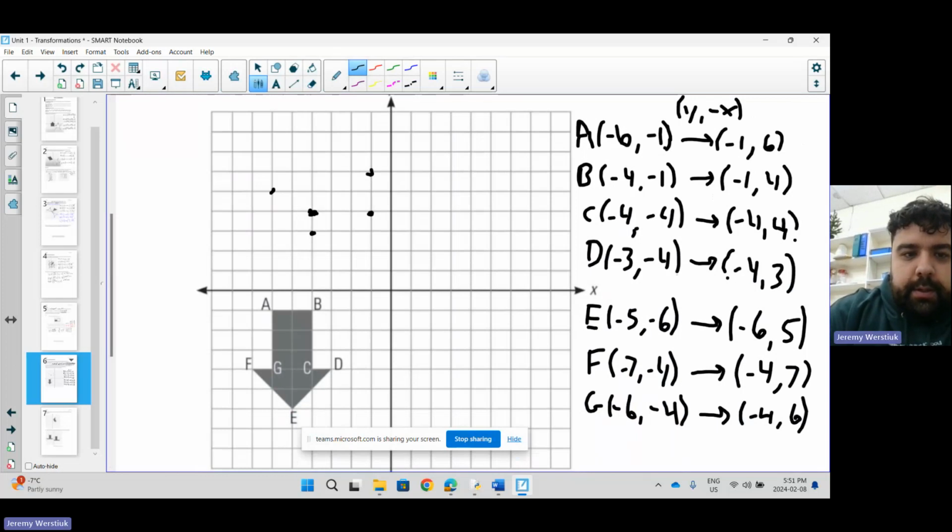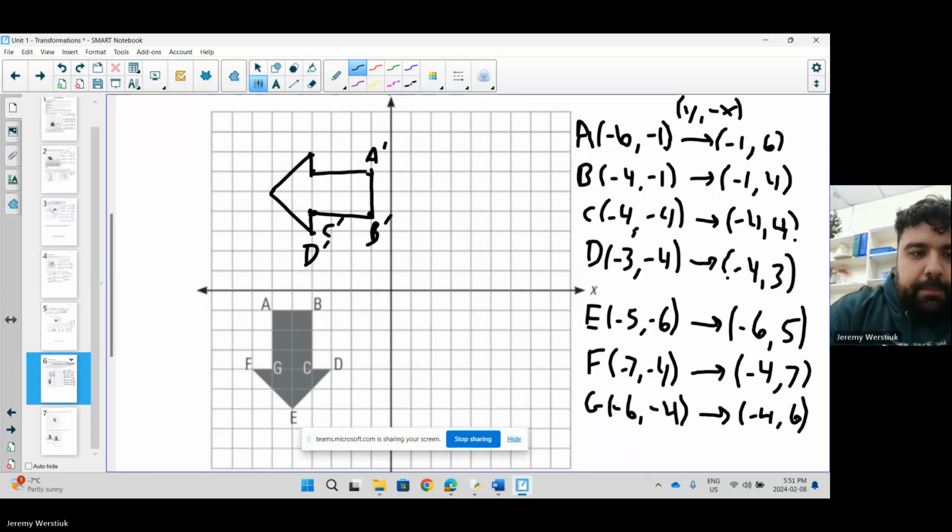E goes there. F and G. And I can connect these dots with straight lines the best that I can. You should see this as A prime, B prime, C prime, D prime, E prime, F prime, and G prime.